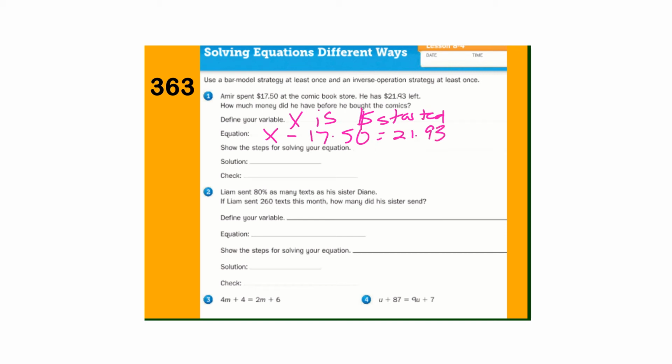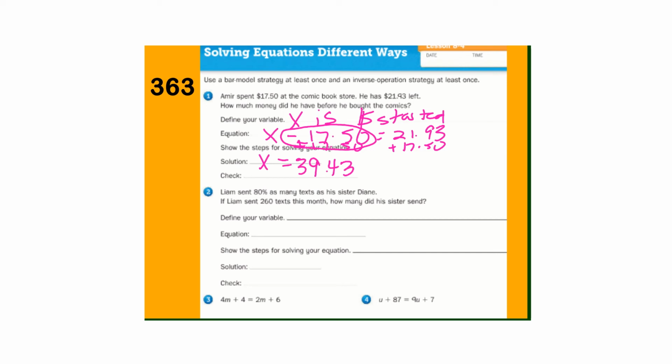Show the steps in solving. We're going to add $17.50 to both sides. Remember, I taught you how to circle that. Add $17.50 here, that goes away. Add $17.50 here. And he had $39.43. Remember how to check it?